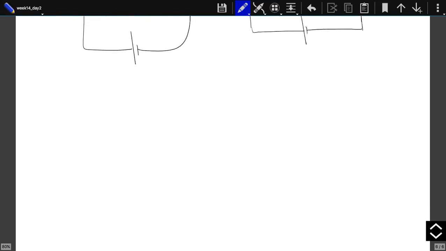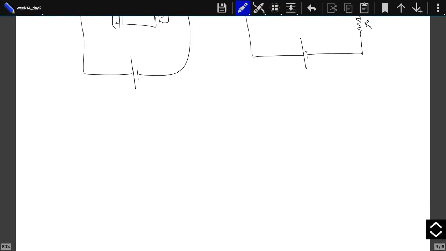Let me ask one question to you. From electrostatics, we say that in a conductor, we cannot have any charges. Even if there is a cavity in the conductor, unless we put some charge inside the cavity, there won't be any charge on the inner surface. Let's imagine this one.